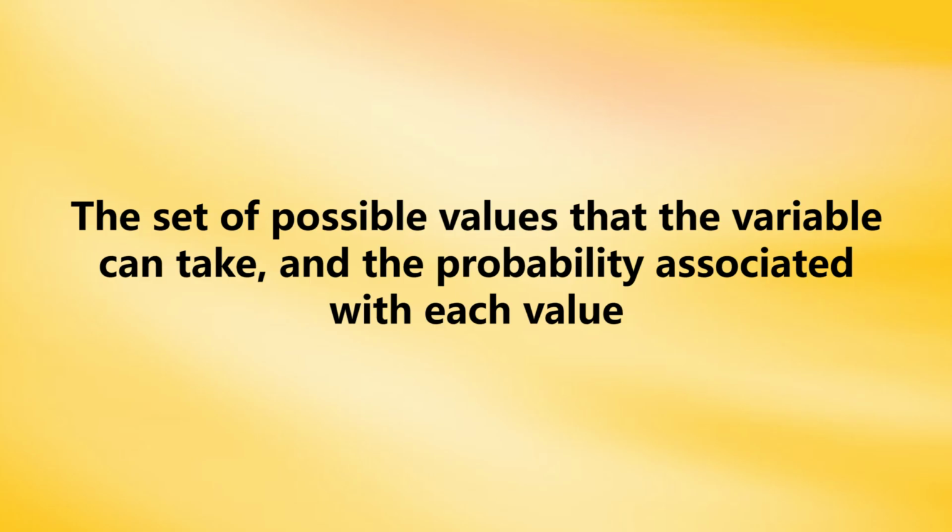Probability distribution of a discrete random variable. To describe the probability distribution of a discrete random variable, we need to specify two things: the set of possible values that the variable can take and the probability associated with each value. Now, we shall define the probability distribution of a discrete random variable.